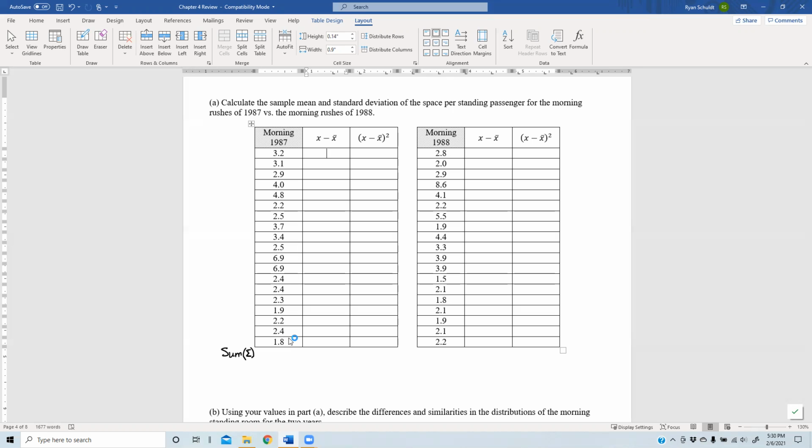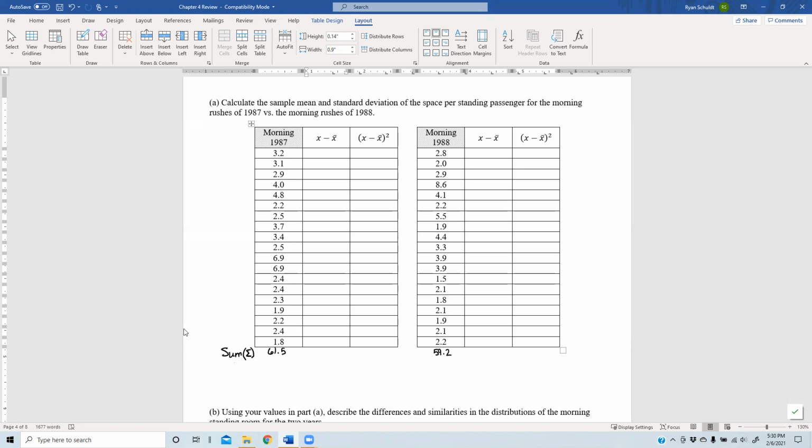I'm going to get that for each of the mornings. If I add them all up for the morning of 1987, you should get 61.5. And for 1988, you should get 59.2.